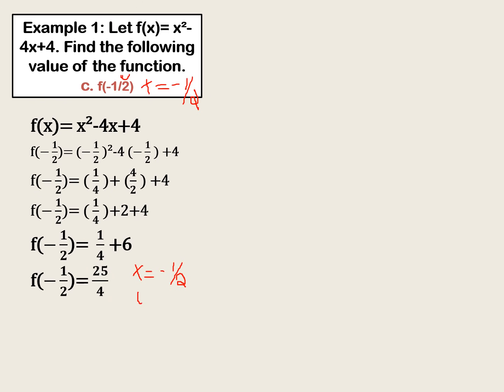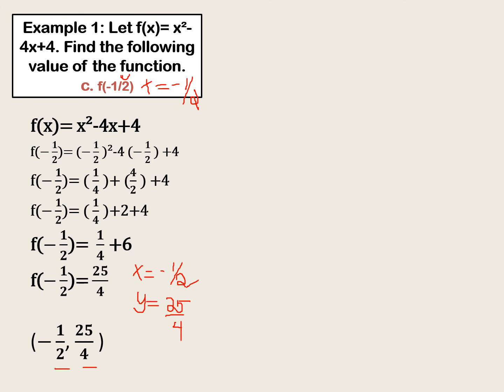Tama? After natin ma-process ang x, ulitin ko lang, after natin ma-process ang x, which is negative 1/2, our y is 25/4. Okay. So, the coordinates or the ordered pair would be negative 1/2, 25/4.